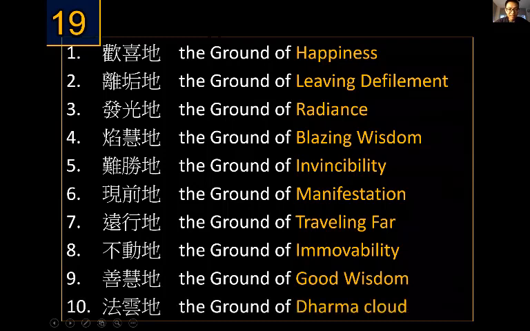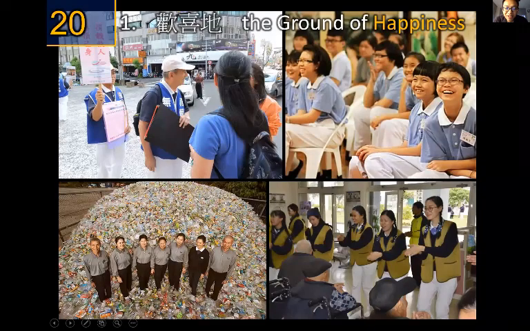And what's my understanding of it? Let's look at it. So the ground of happiness is the ground that we are most familiar with, because we all come into Tzu Chi because of the joy that we feel. For myself, I came in because of the teenage class when I was young. We all come in because of the joyous feeling, the one big family, and then going out to help people, to serve, always gives us that joyous feeling.